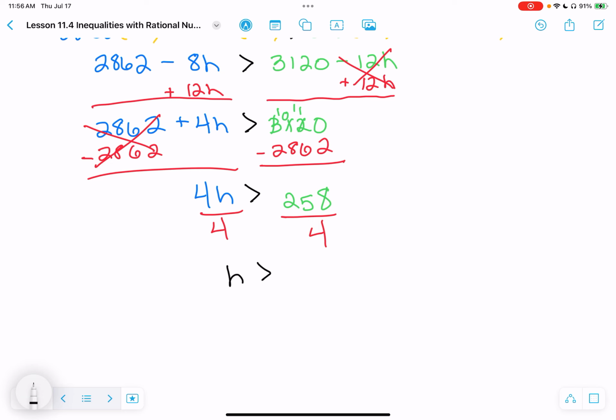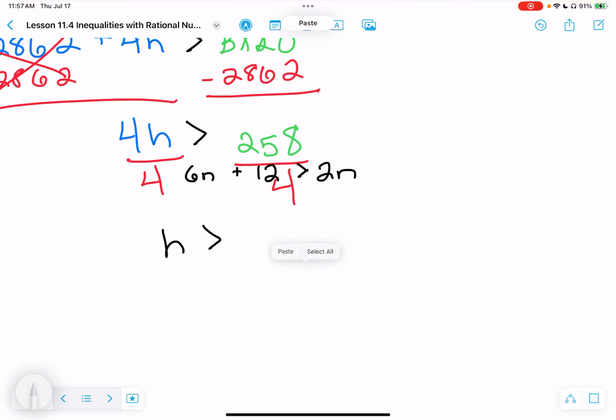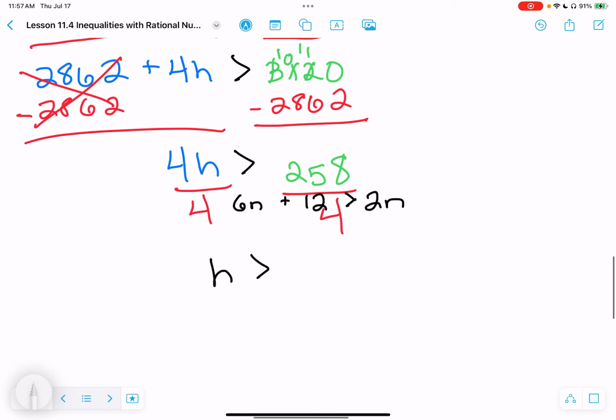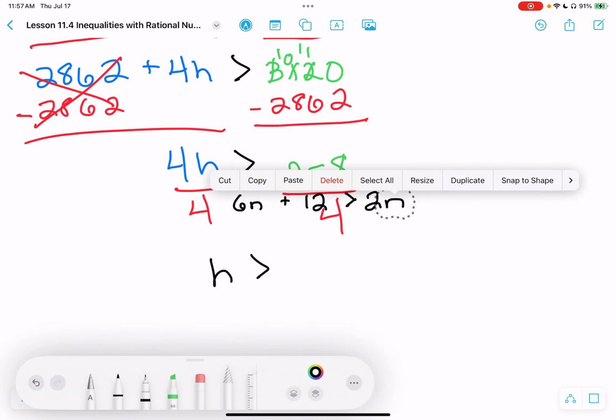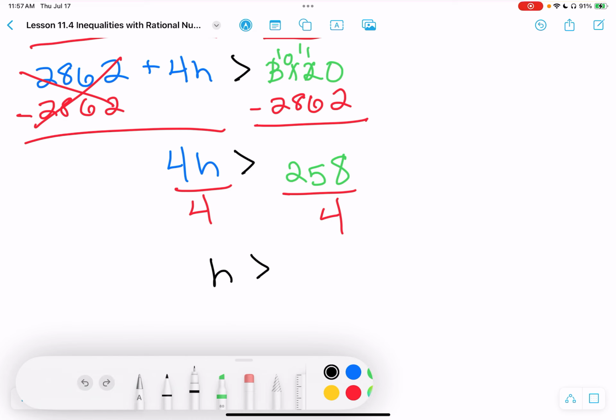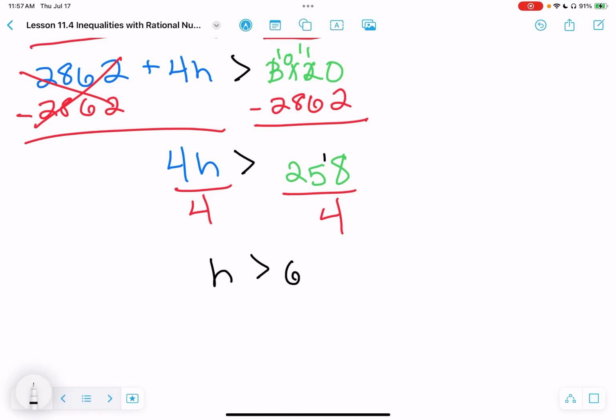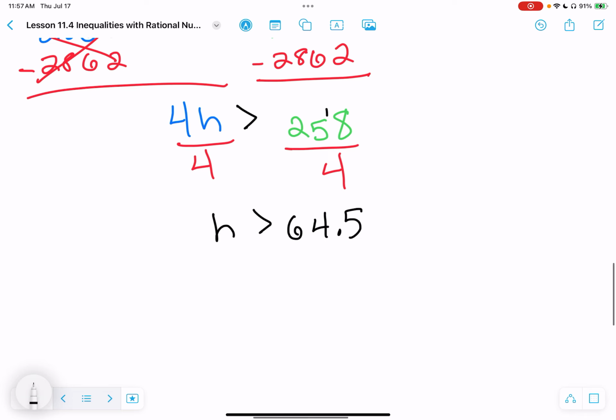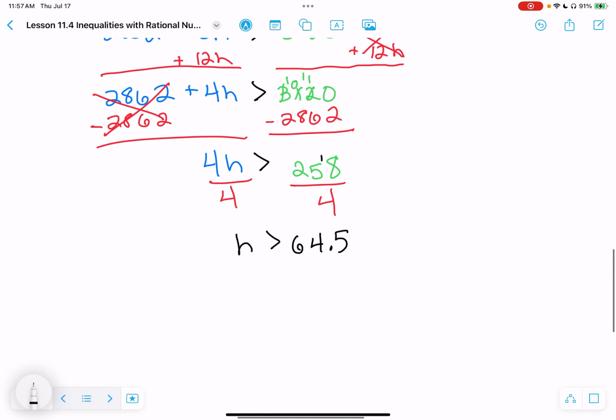So that's going to be, let's see, 64.5. Does that sound right? Sure, 64.5.